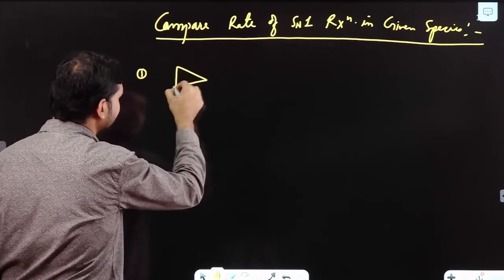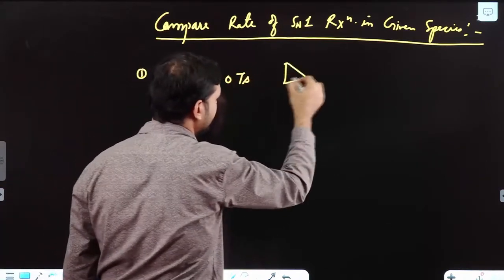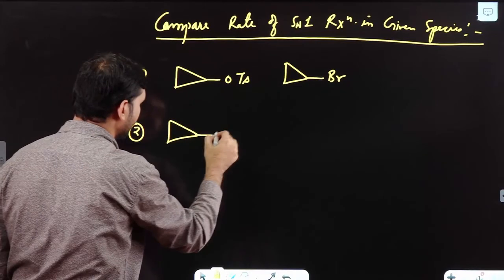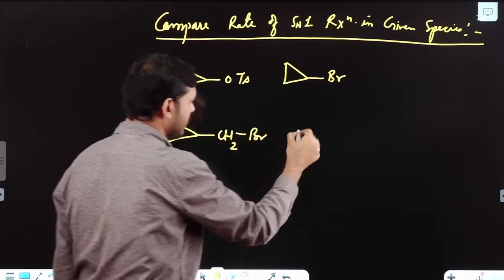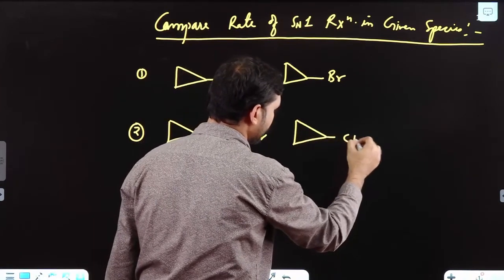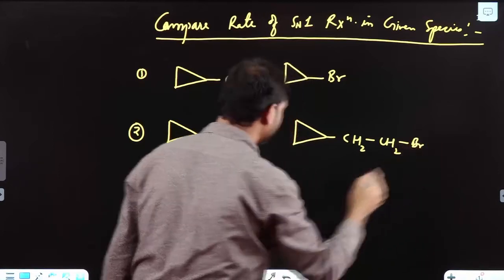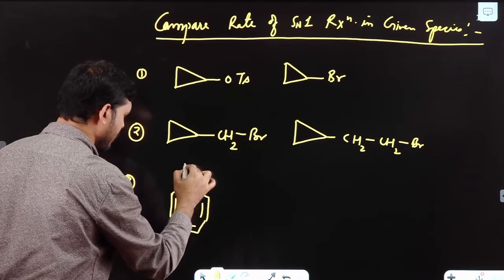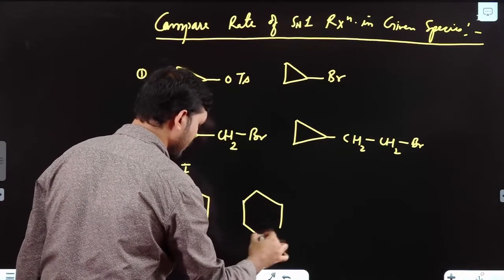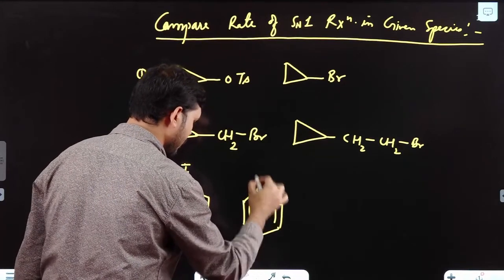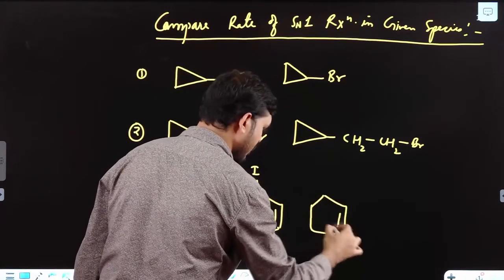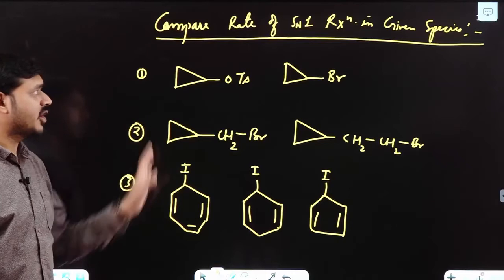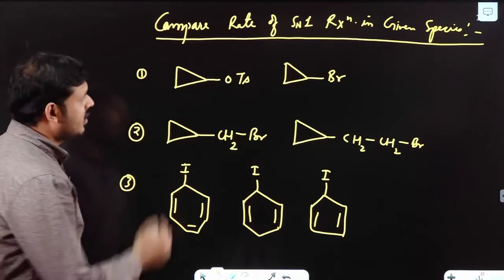First, in the given cases, you just have to compare the rate of SN1. Do it by yourself first. Okay, so let us understand.